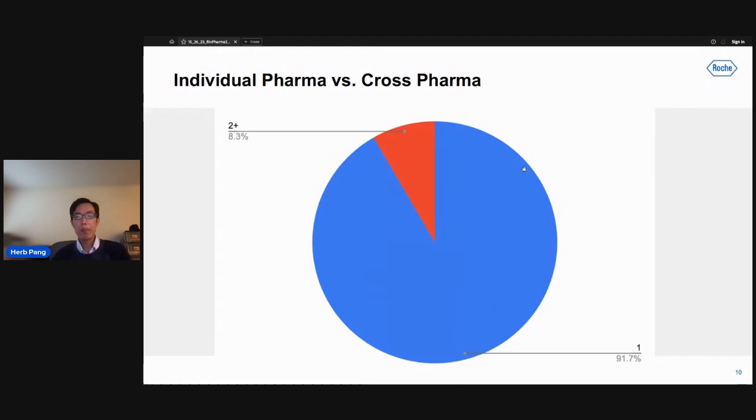Another item we looked at was whether the work was performed by an individual pharmaceutical company or is a cross-pharma collaboration. Interestingly, over 90% of it was done by one top pharma company. There are some collaborations across pharmaceuticals, but mostly a very small portion.